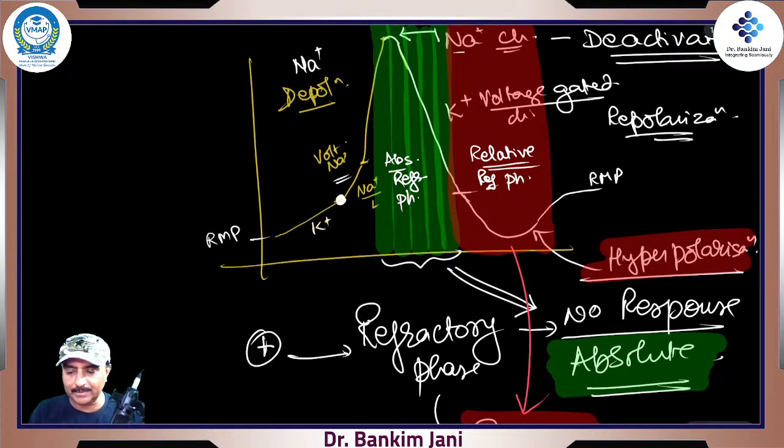At this height, these sodium channels are closed or deactivated, and when they are deactivated, the potassium voltage gated channels open, and then there is repolarization and things continue.